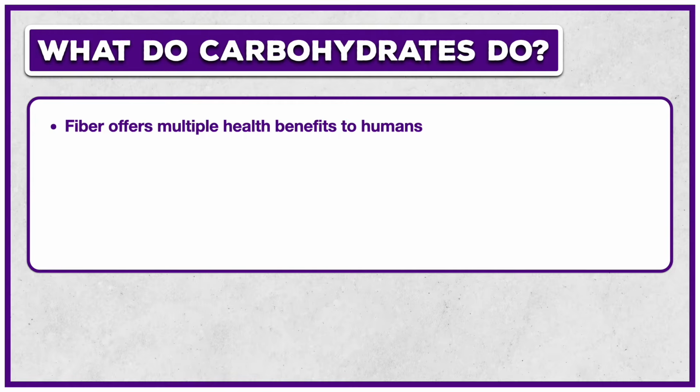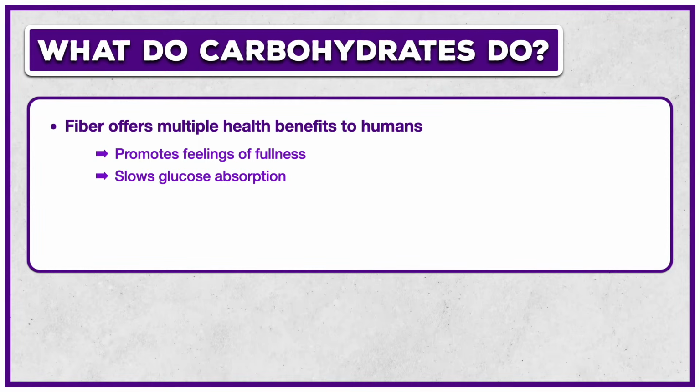The remainder of the functions for carbohydrates are unique to fiber, which offers multiple benefits to humans. Fiber promotes feelings of fullness after meals, which can help to prevent excessive energy intake. Fiber slows glucose absorption, helping to avoid the large spikes and dips in blood sugar that can lead to higher levels of hunger and lower levels of energy.